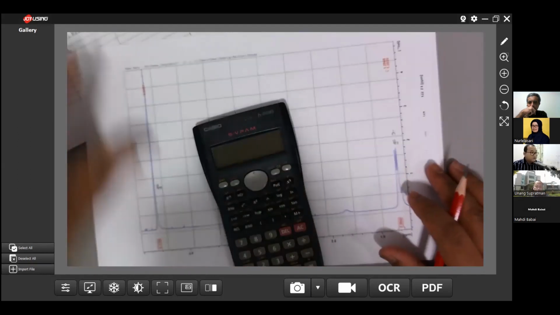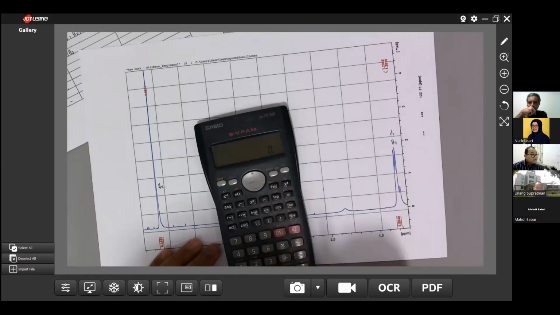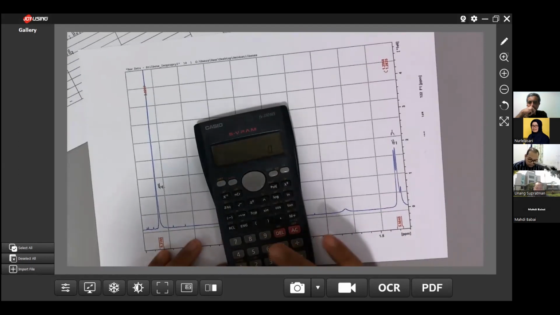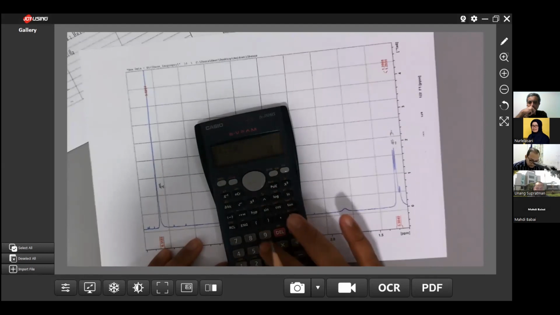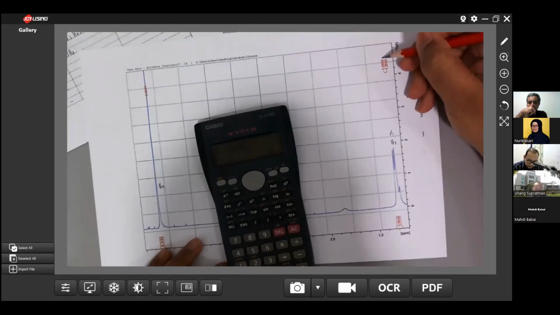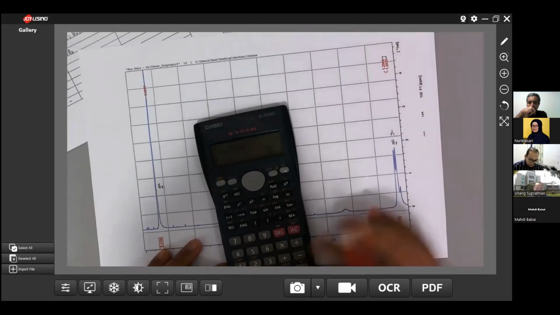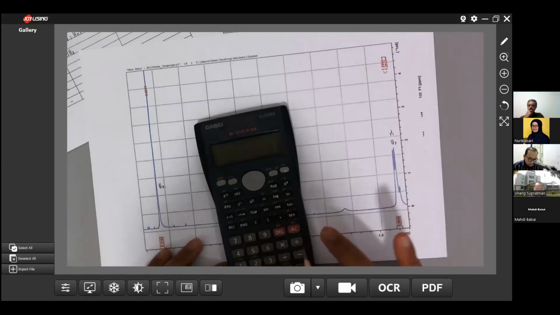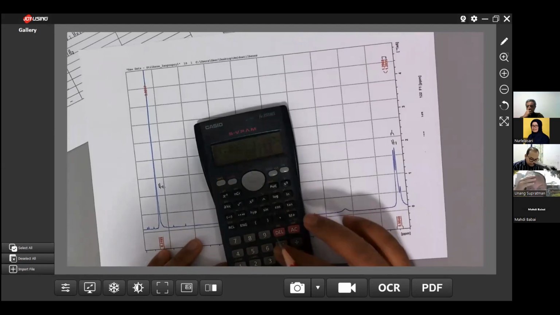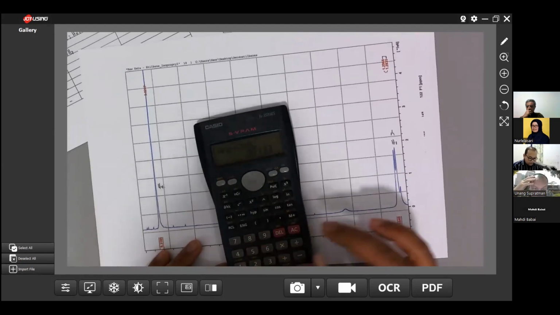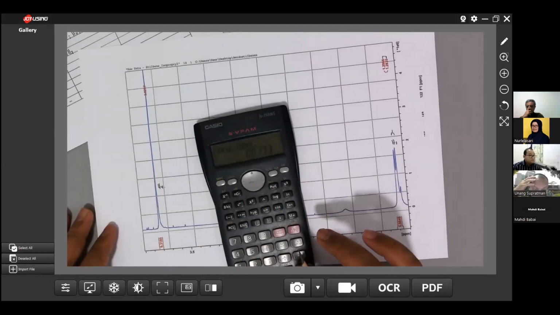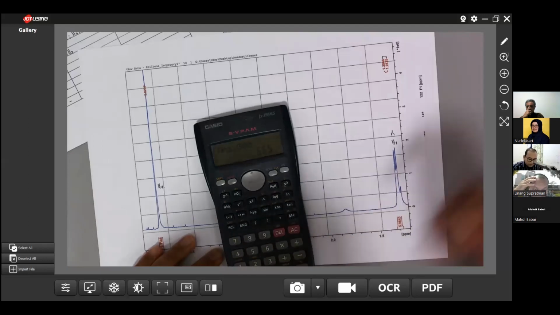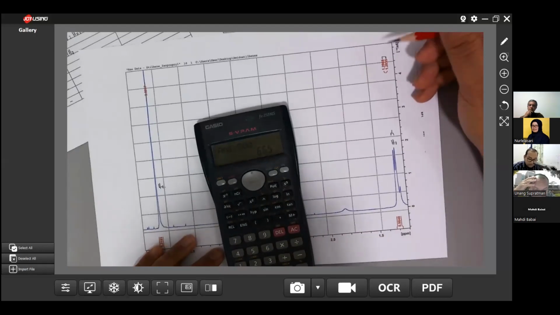So what you have here is 1.2968, minus these values, 1.2835, and after that times 500, because this sample was run at 500 megahertz. So this one is 6.7 hertz.